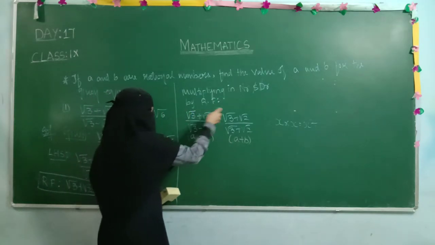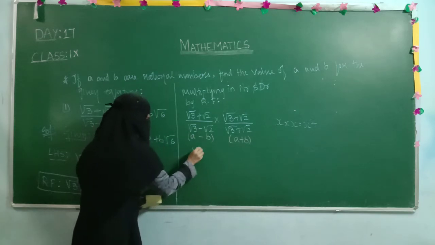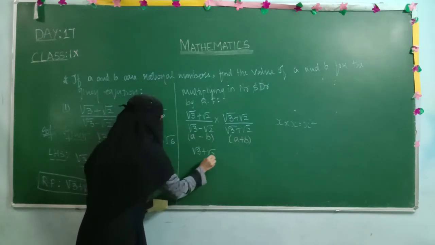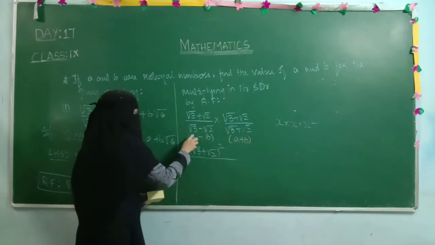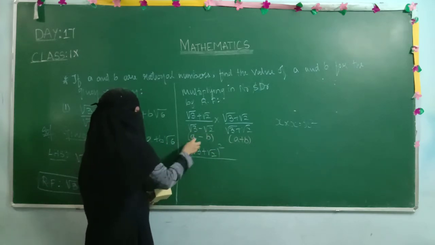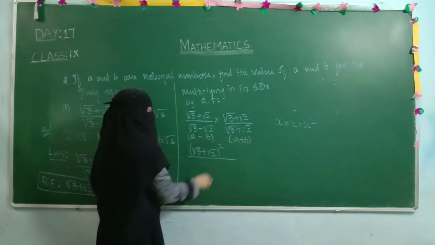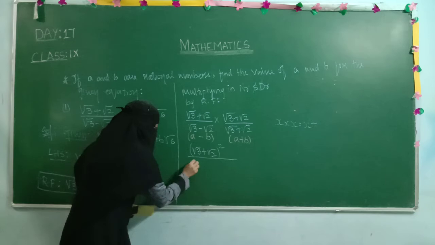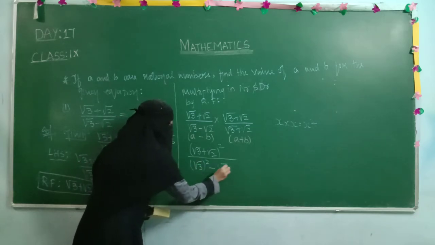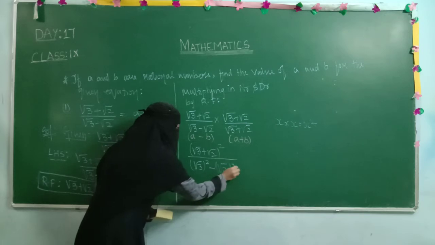So first I will write this: root 3 plus root 2 whole square by root 3 minus root 2, which is nothing but a minus b, a plus b. We have a plus b, a minus b, a square minus b square. So here it is root 3 whole square minus root 2 whole square.